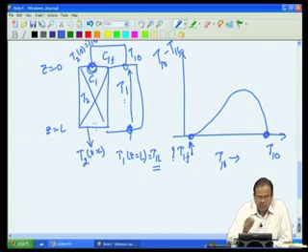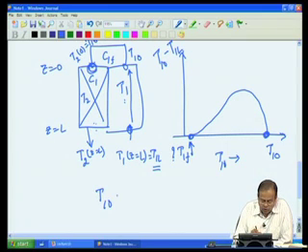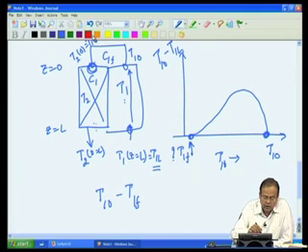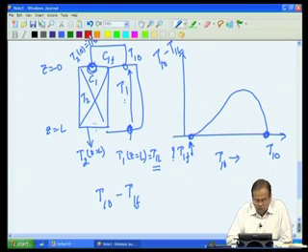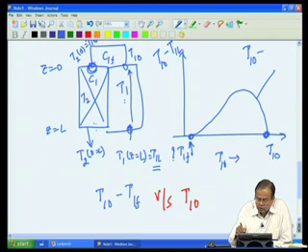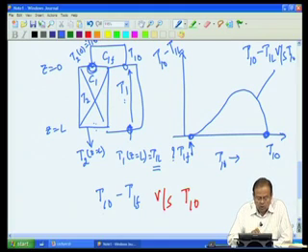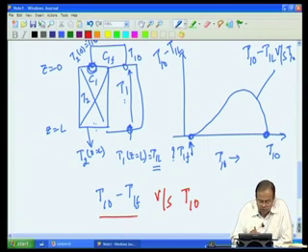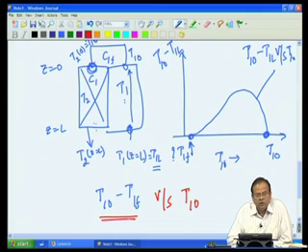Now, on the same plot, let me plot T10 minus T1F, and let me use a different color to do that. So, now I am trying to look at, okay, I have already plotted, for example, over here this particular plot is T10 minus T1L versus T10. I am now going to plot T10 minus T1F versus T10. Now, what will be the value of this function? This function will have value 0 when T1 0 is equal to T1 f.